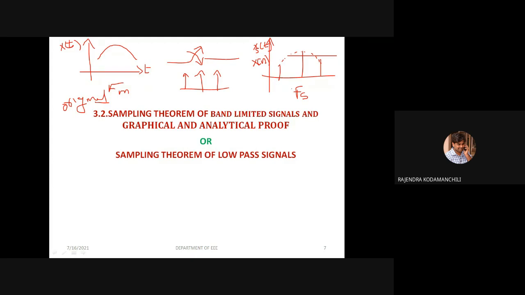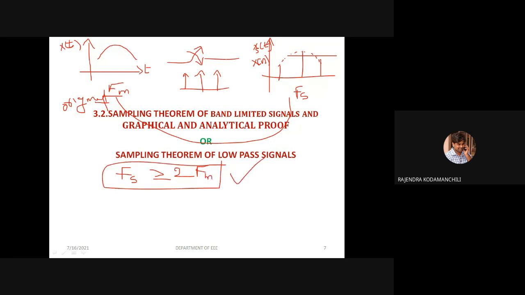After that, this sampled output signal is used to reconstruct the original signal without losing any information or data when the sampling frequency is greater than or equal to twice the fundamental frequency. This is called the sampling theorem of low pass signal, or sampling theorem of band limited signal.